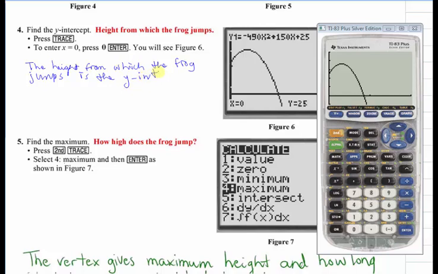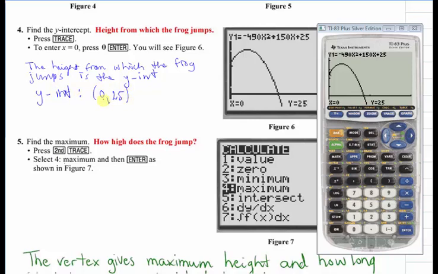Okay, and if you remember, you press trace, and oops, turn my calculator on, press trace. And I need to have where x is equal to 0. Right now it's at 0.5. Okay, so I'm going to press 0 and then enter, and I get a y-intercept, which is at 0 and 25.